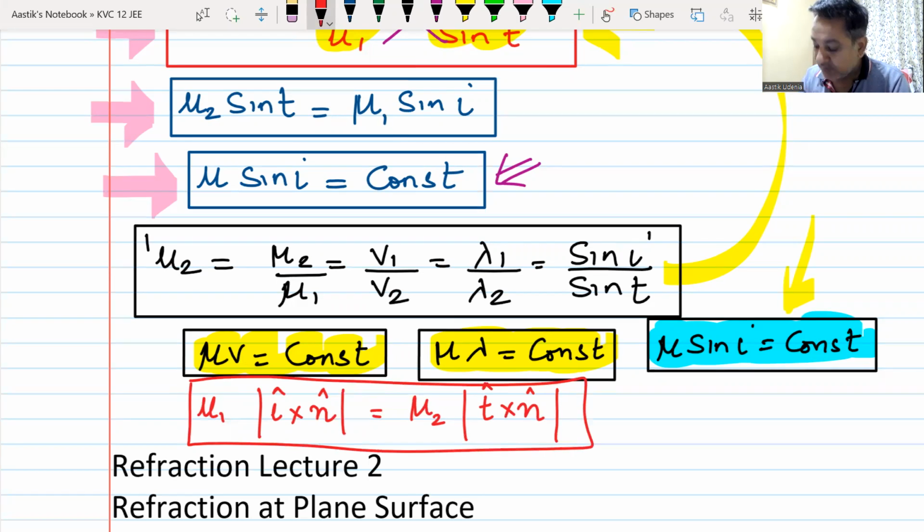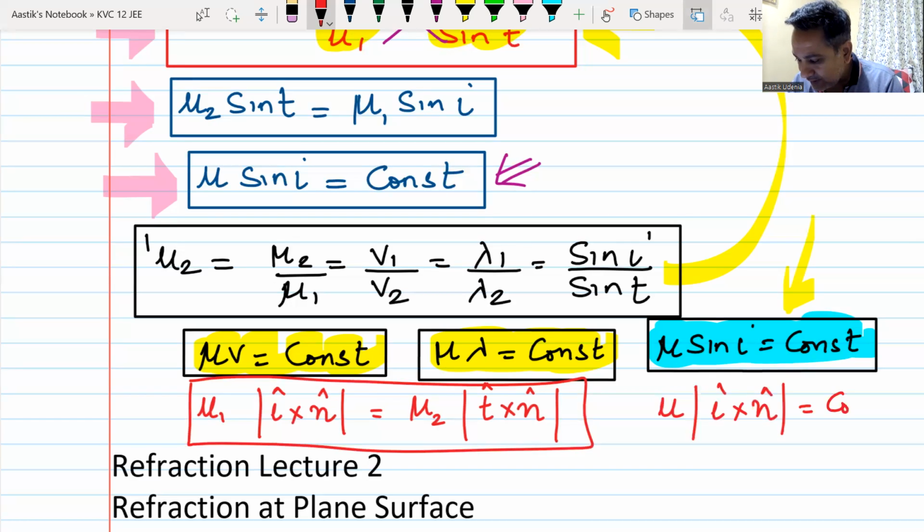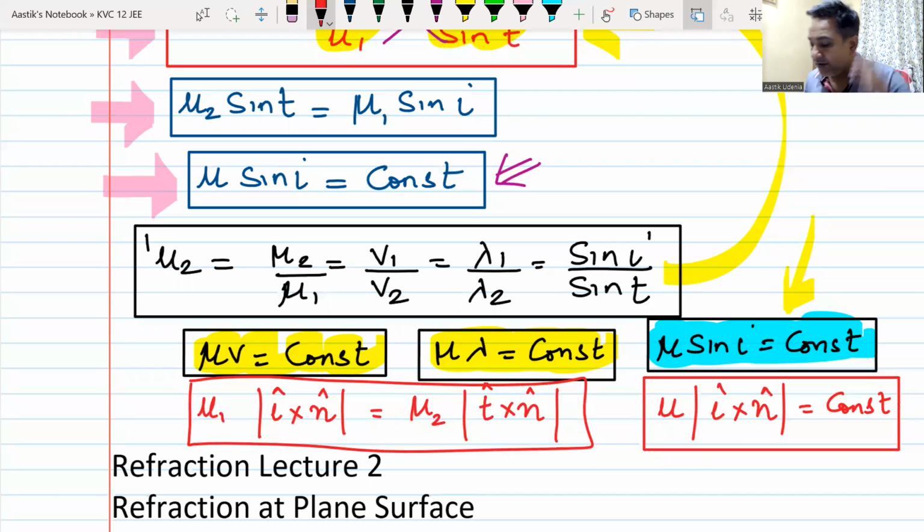Or you can write it like this also: mu multiplied by the magnitude of I cross N is a constant. Now it is very likely to come in a JEE Advanced paper. Remember to write it in any of these ways. All of these ways are saying the same thing.